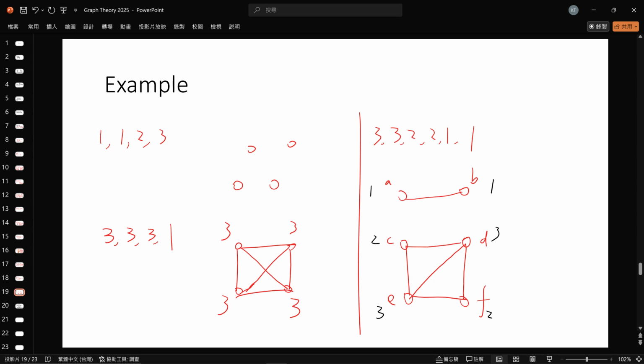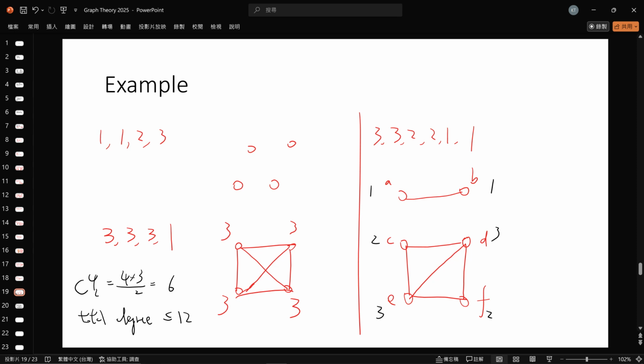Yes. For n choose 2 is 6, so this means the total degree is at most 12. But for this one, the total degree is just 10, so it is possible to have a graph with 4 vertices and a total degree of 10.